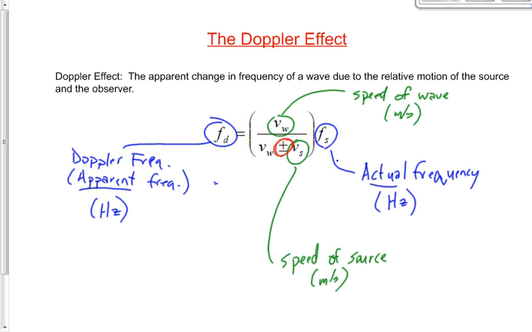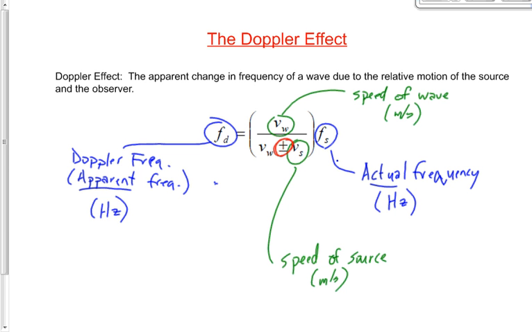One of those situations will be when the source is coming towards you. The other will be when the source is going away from you. So the first part of the video that I showed you versus the second part. But which is which? If you're anything like me, you should not try to memorize which is which. You should figure it out every time. Okay, let's figure out when we use plus and when we use minus here.